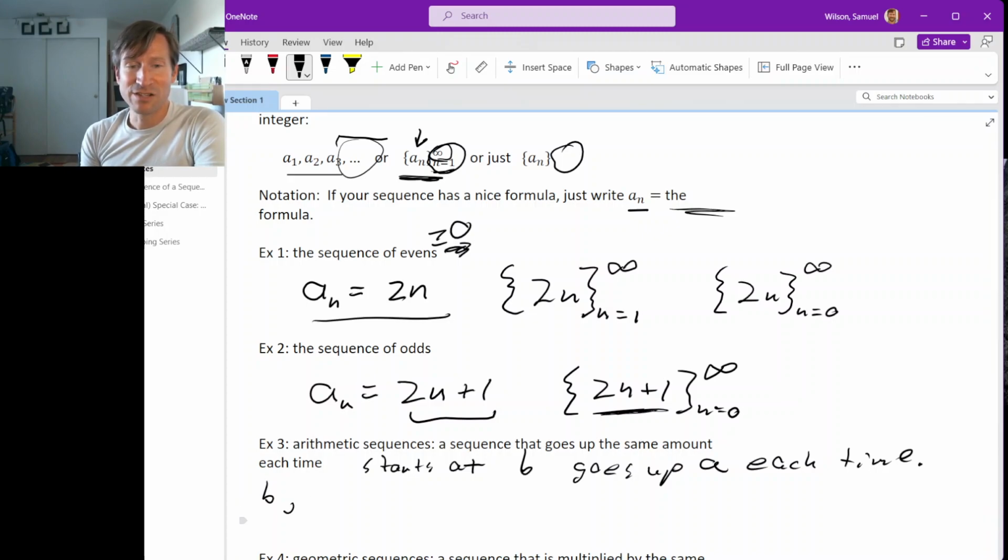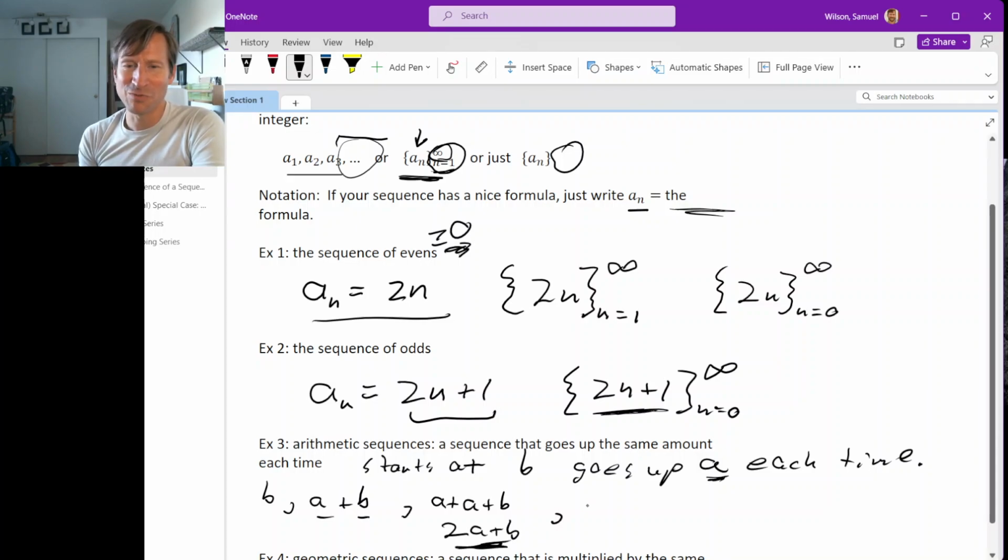The second value, since this sequence goes up a each time, is a plus b. Start at b, then increase by a. The next one takes our previous one, a plus b, and adds a to it again, giving 2a plus b. Then we add a to the previous one, which gives us 3a plus b.